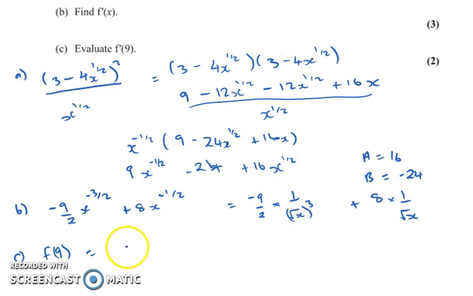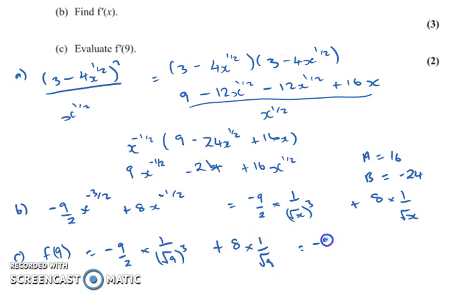So when we put in 9, we've got minus 9 over 2 times 1 over the square root of 9 cubed, add 8 times 1 over the square root of 9.